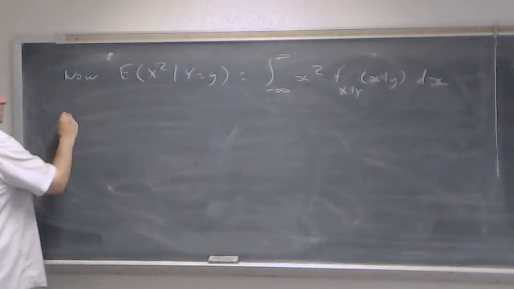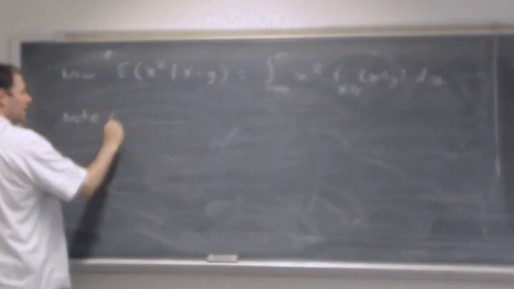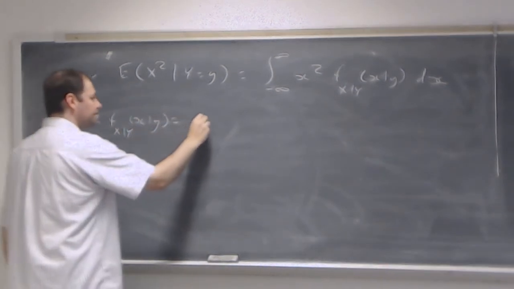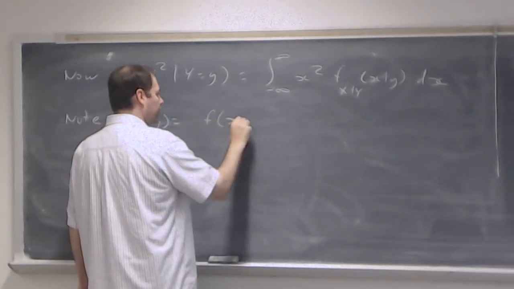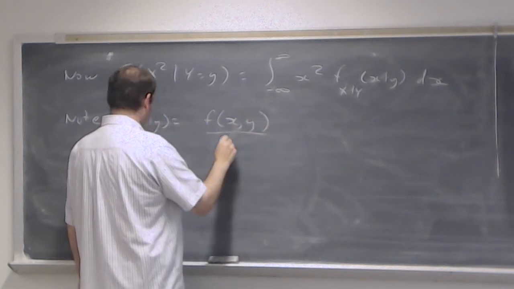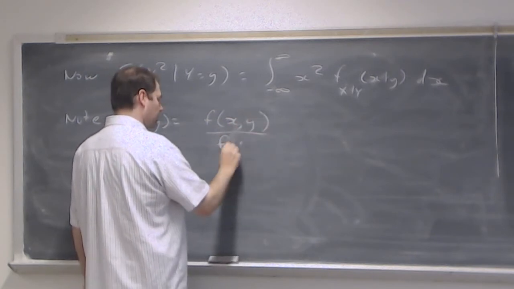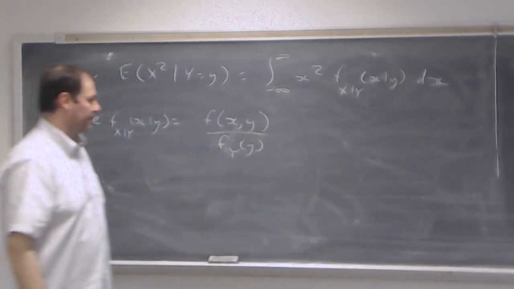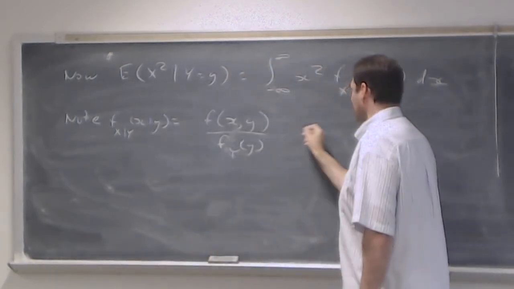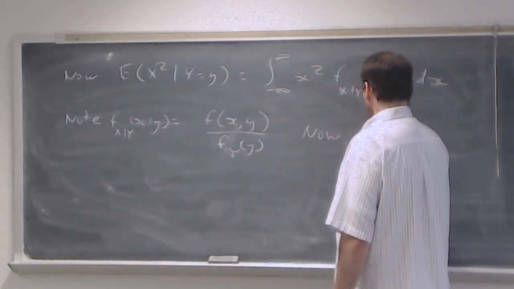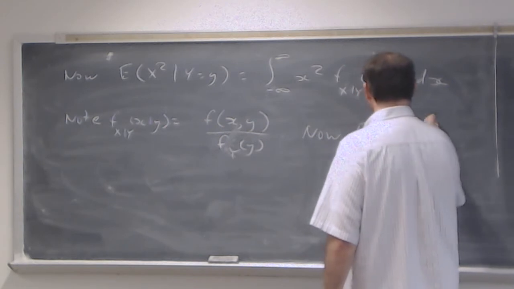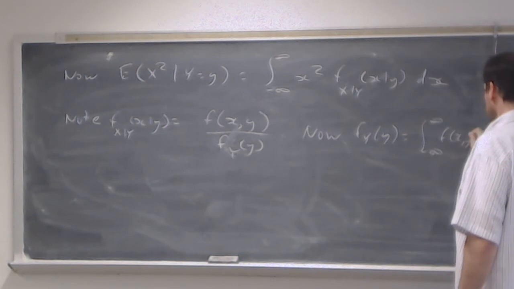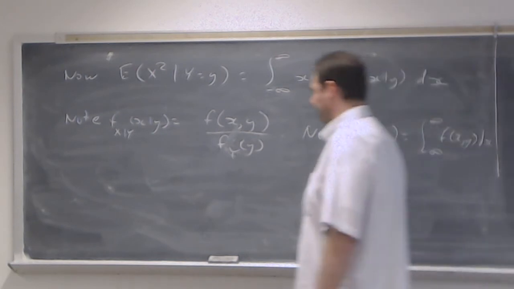Note again, f of x given y is equal to f of xy over f of y of y. So I've got to compute the PDF of Y, f of y, which is the integral from minus infinity to infinity of the joint integrated with respect to x.